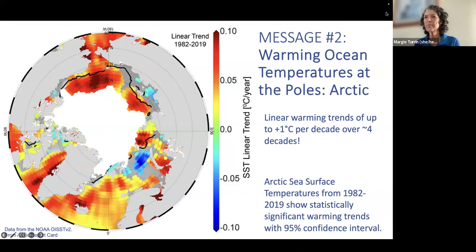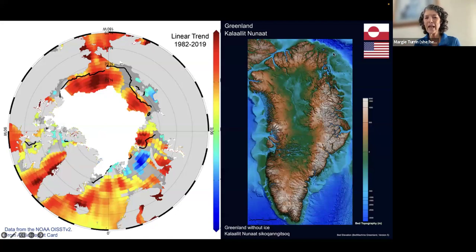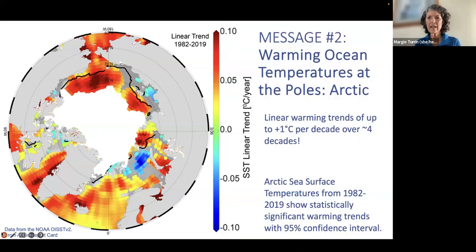Okay, so our second message from the poles is that our oceans are warming. And of course, that's really critically important in terms of connecting with the polar regions and melting the ice that's present there. So again, we have this floating ice in the Arctic that is just sitting in the water and so has a harder time actually forming.